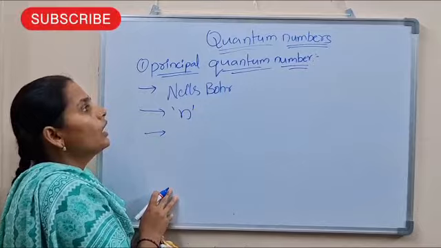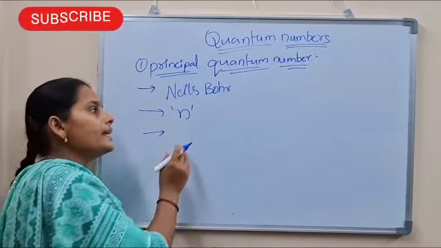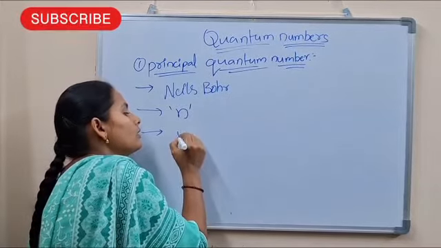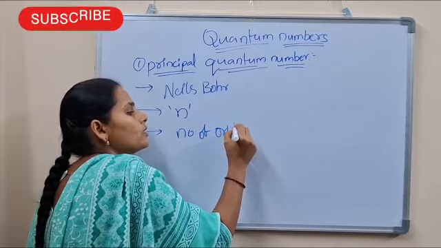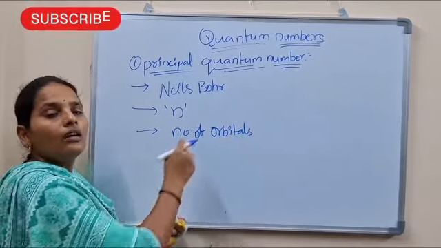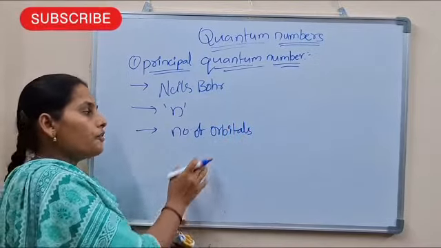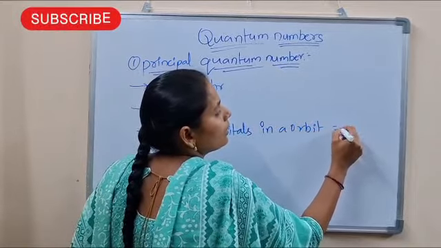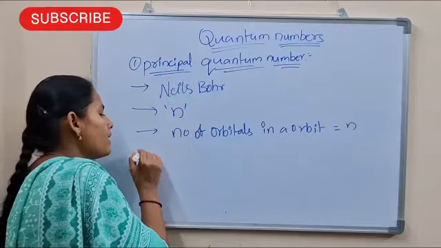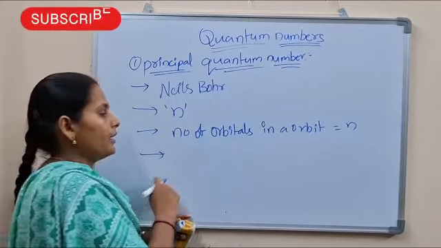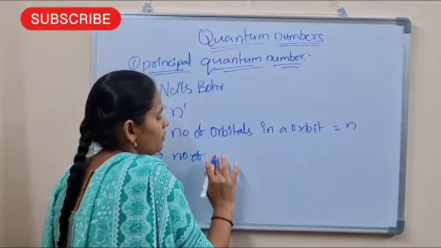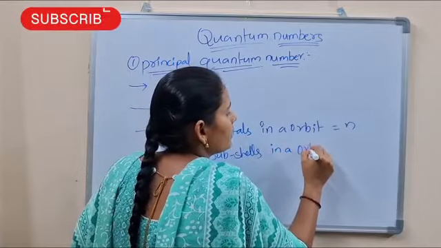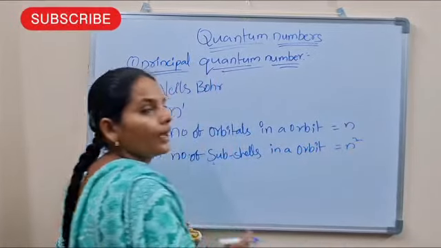In the principal quantum number, N is the number of orbitals. For finding the number of orbitals in an orbit, it is equal to N. The number of subshells in an orbit is N square.